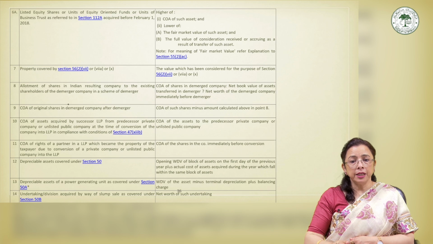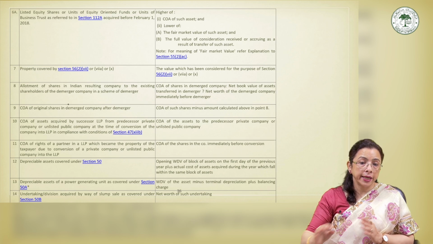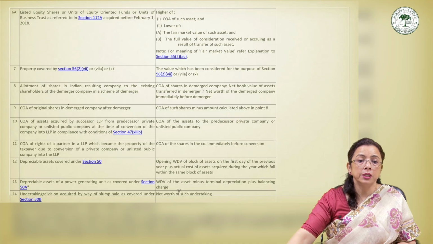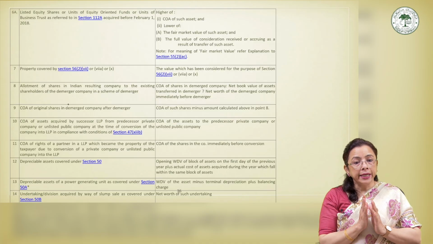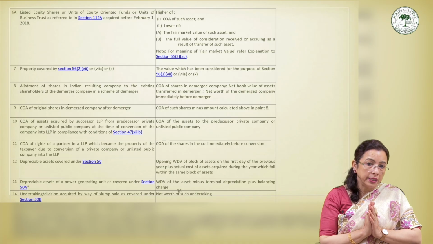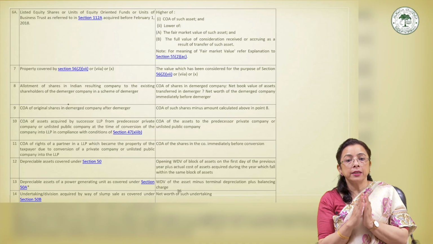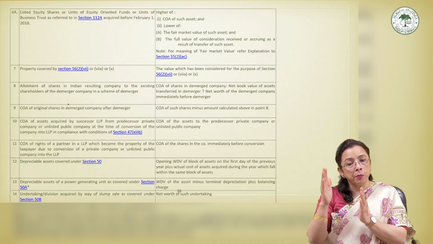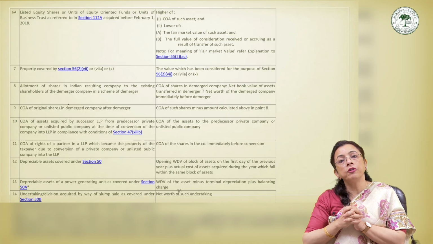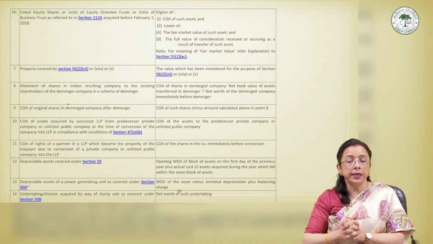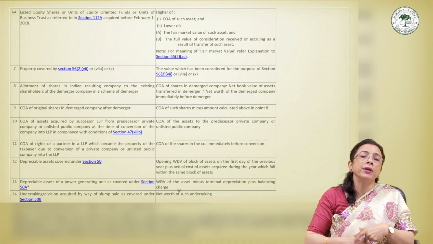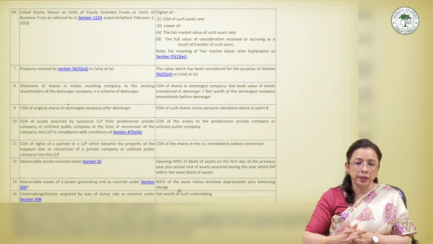For the transferee, the cost of acquisition of the undertaking shall be its net worth. Net worth will generally mean aggregate value of the total assets minus liabilities of that undertaking. Whatever figure you calculate as net worth becomes important for future computation of capital gains if that undertaking is subsequently transferred or sold again.